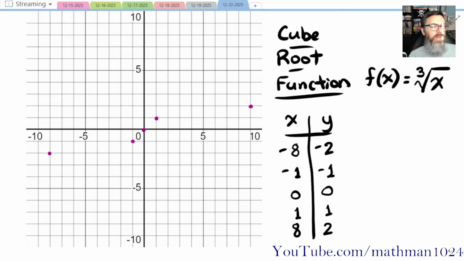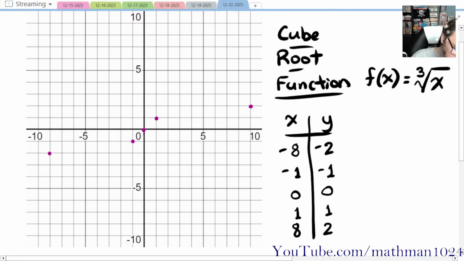Well, if you flip that around, we're going to be kind of vertical right here like that. And then we're going to curve out. So it's almost like we have a cubing function that's turned on its side. And then I'm going to curve down and to the left over here to get the left half of that.